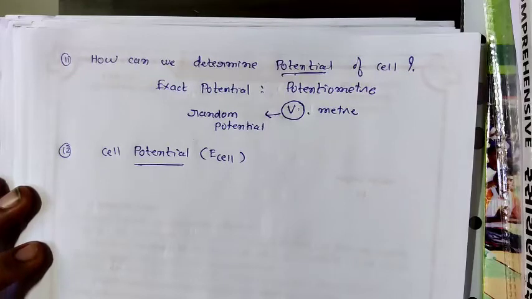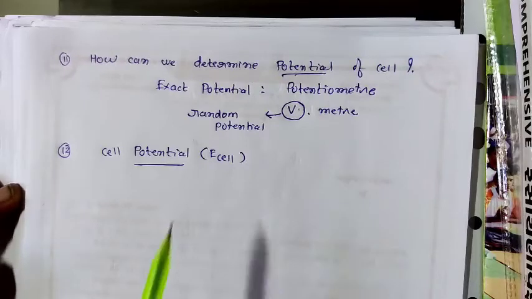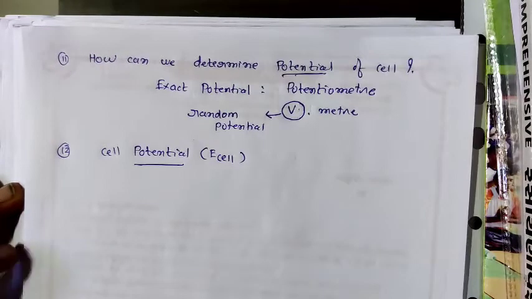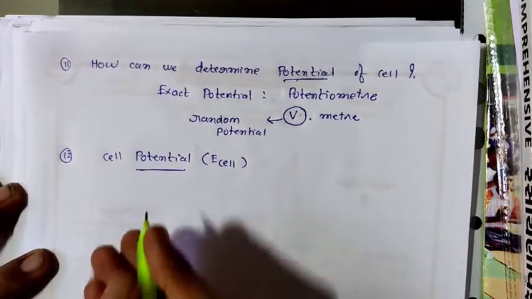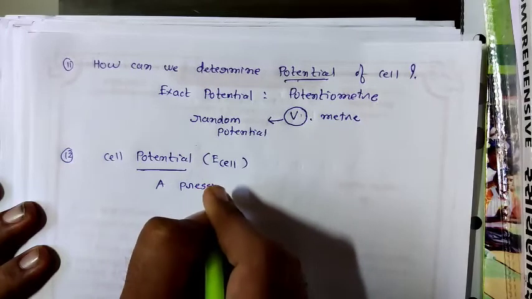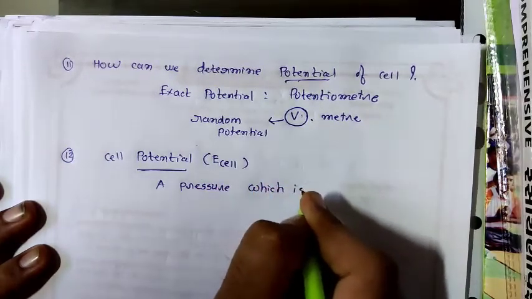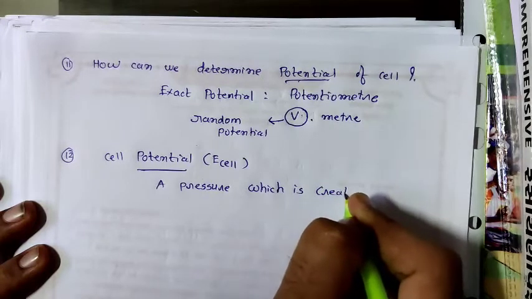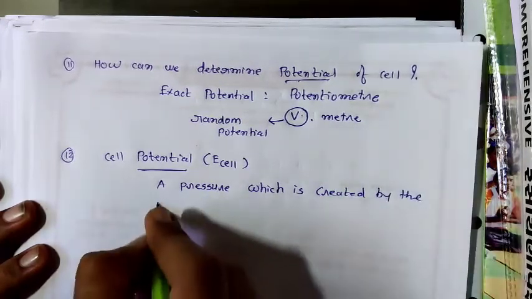E means EMF, electromotive force. The word force is used in the symbol, and that means the definition depends purely upon this force, a pressure which is created by the redox process.